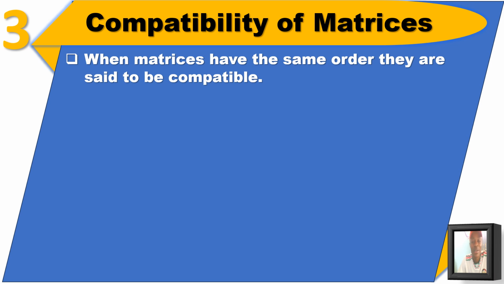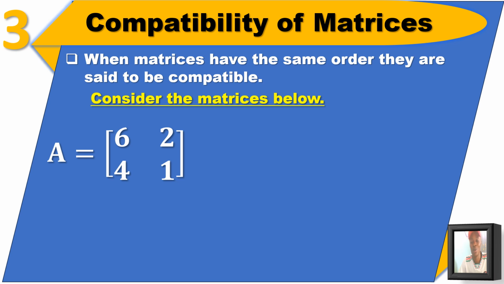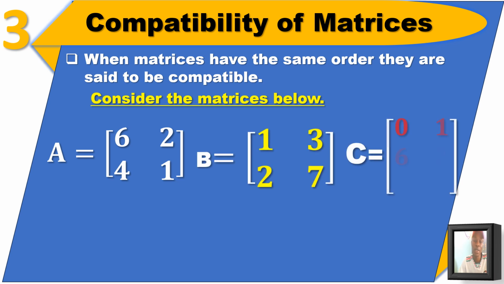Okay, consider the matrices below. Matrix A: 6, 2, 4, 1, and matrix B: 1, 3, 2, 7. In that case, we also have matrix C: 0, 1, 6, 2, 2, 7. So the order of the first matrix is 2 by 2. Why? It has two rows and two columns. The second one is also of order 2 by 2. Then the third one is of order 3 by 2. So in this case, you can see A and B have the same order.